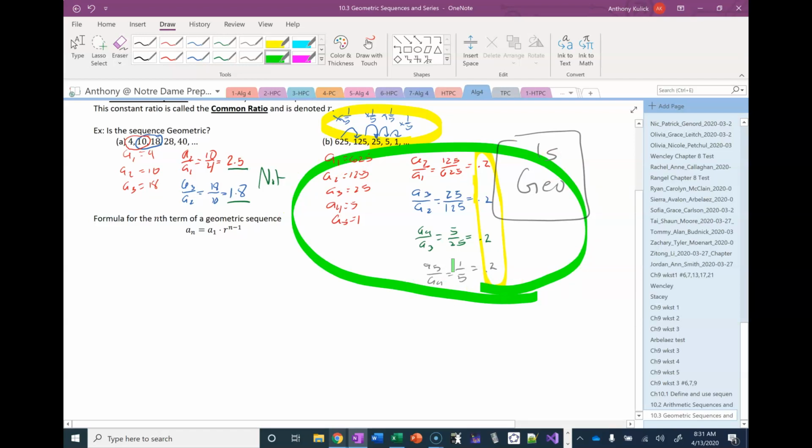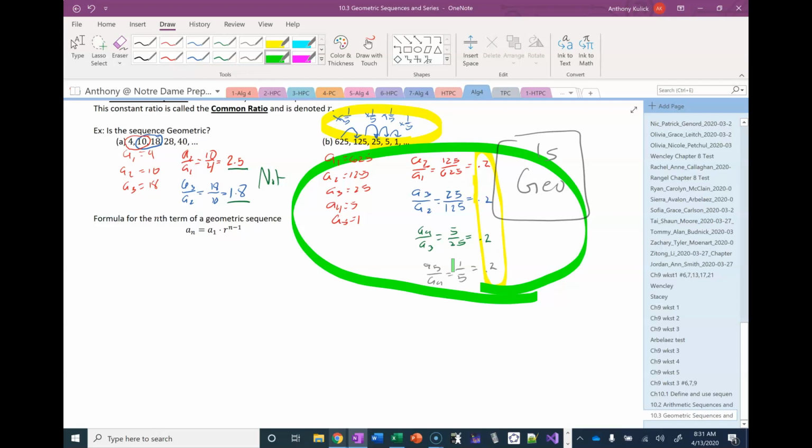Now, sometimes it'll be really easy to look at the sequence and tell if there's something being multiplied each time. I would be willing to bet that most of us would have looked at 625, 125, 25, 5, and 1 and not been able to see that we're multiplying by that fraction of 1/5 each time. So using the definition here was probably the best way to go.